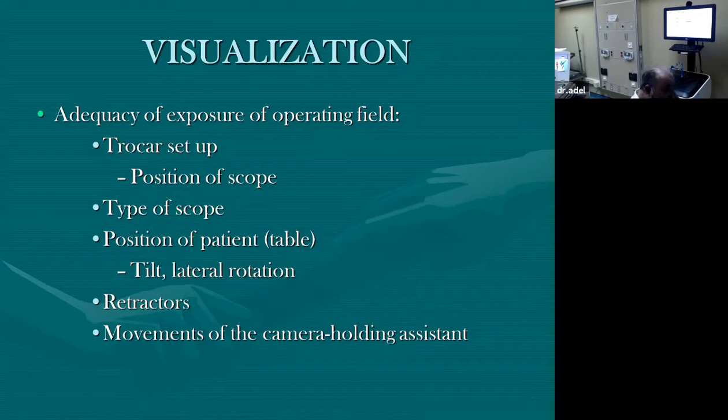Now, position of the patient and table. Just remember, always the patient should be on the table in a fixed modality. We have to fix our patient on the table, on the bed.